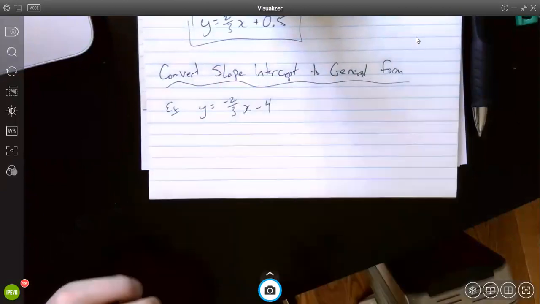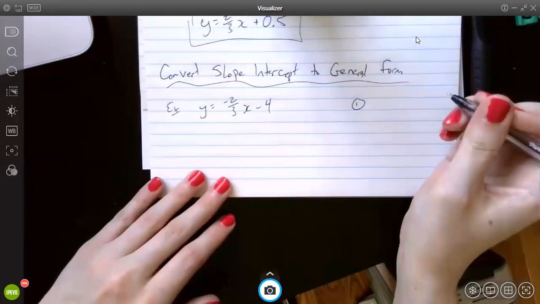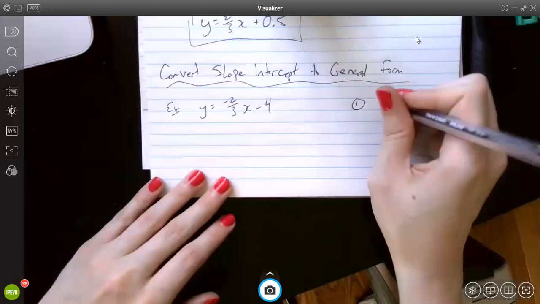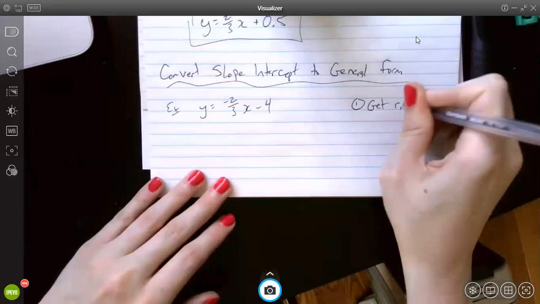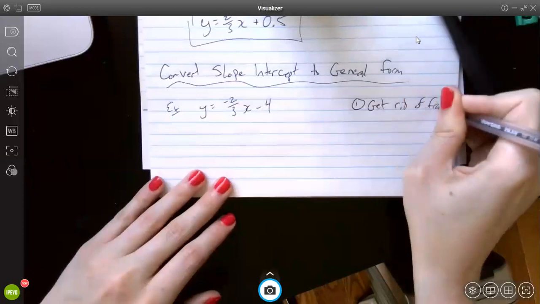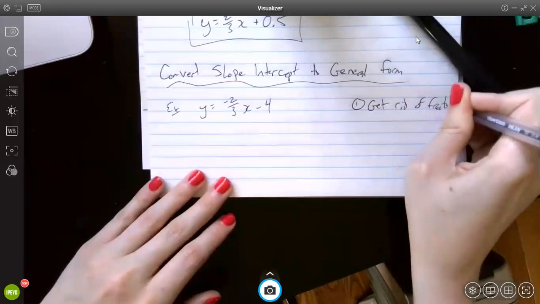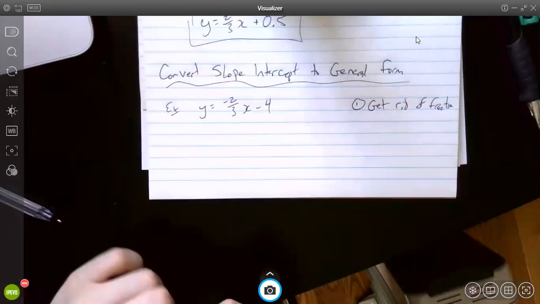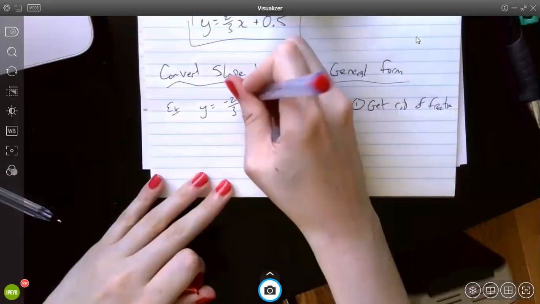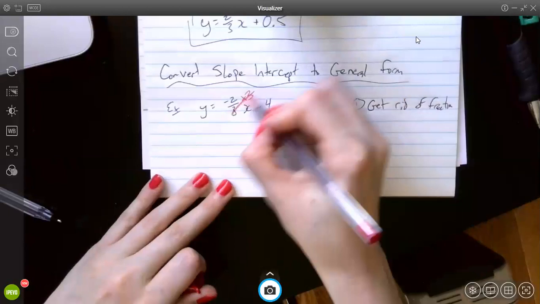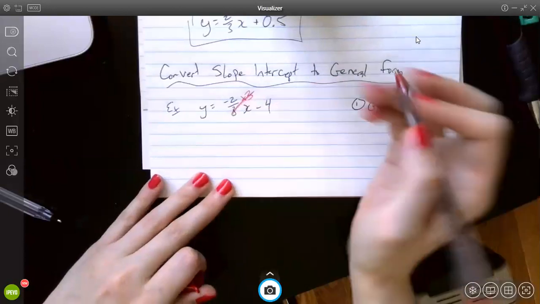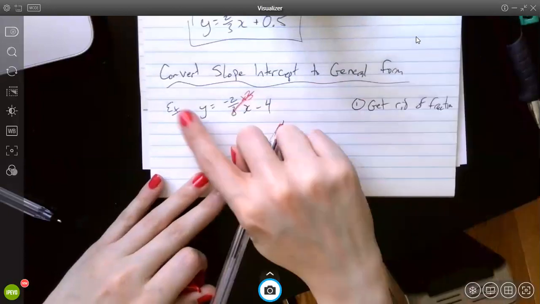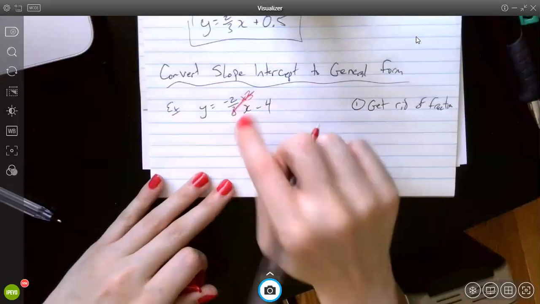Step 1, just like when we were dealing with slope point form, you want to get rid of the fraction. And you do that by multiplying by the denominator. So I'm going to multiply that term by the denominator. That will cancel it out. I also then have to multiply all the other terms by the denominator.